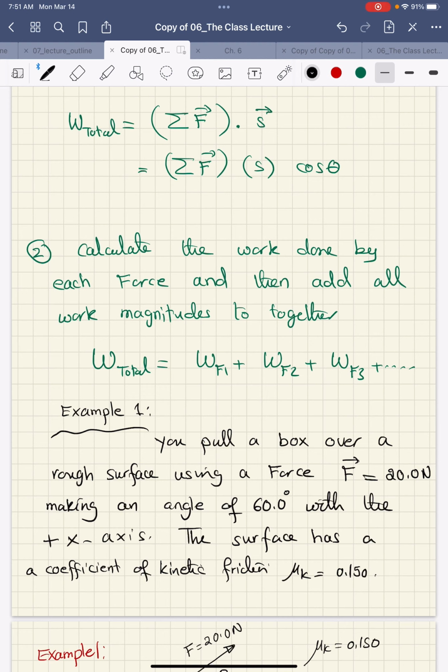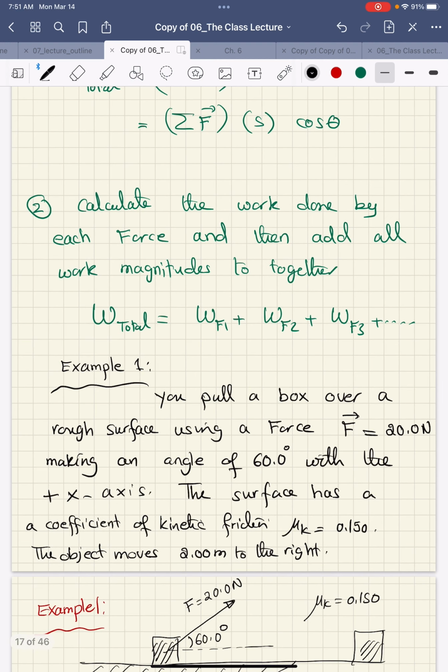and the object moves 2 meters to the right, and the question is to calculate the net work on the box.